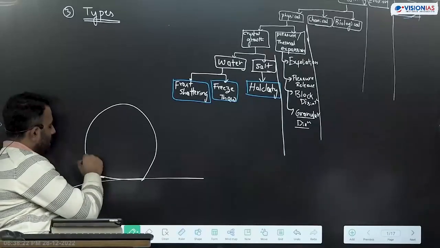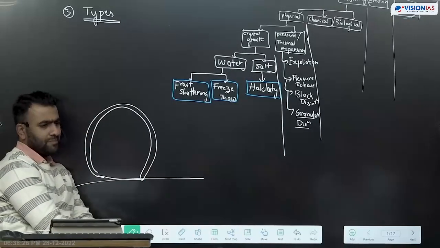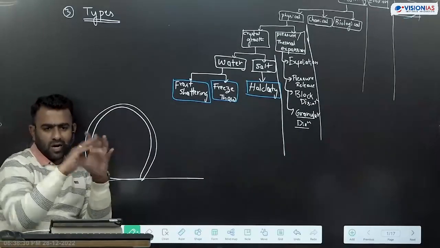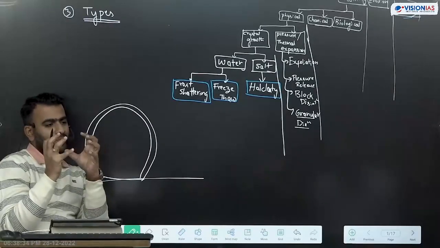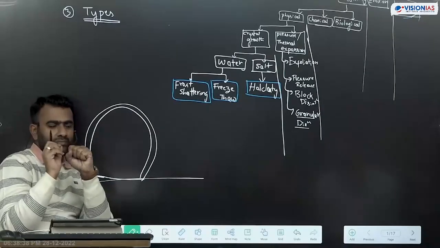If the rock has a solid outer layer, which happens in many cases, बहुत बार ऐसे होता है कि रॉक का एक आउटर हार्ड लेयर रहता है, over a period of time it has hardened, and अंदर का जो पार्ट है थोड़ा सा सॉफ्ट रहता है.